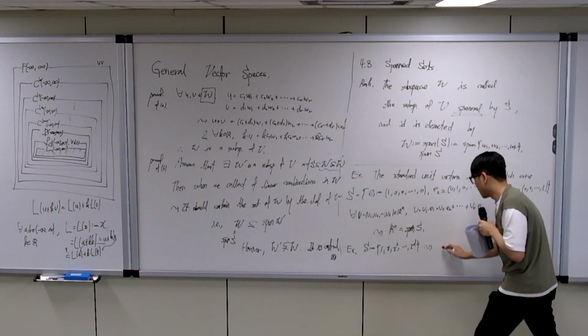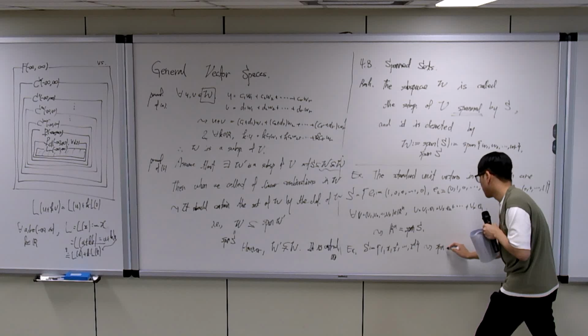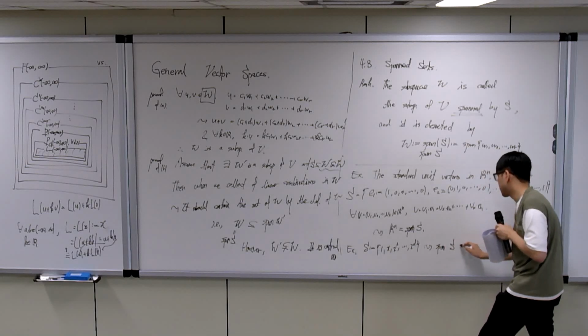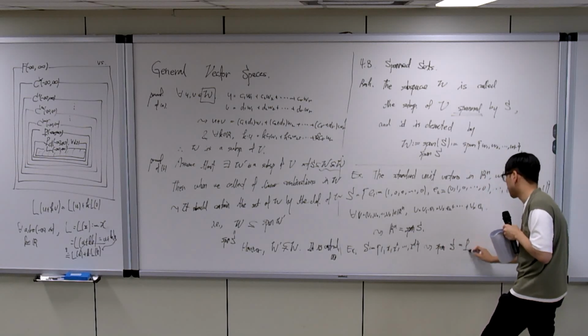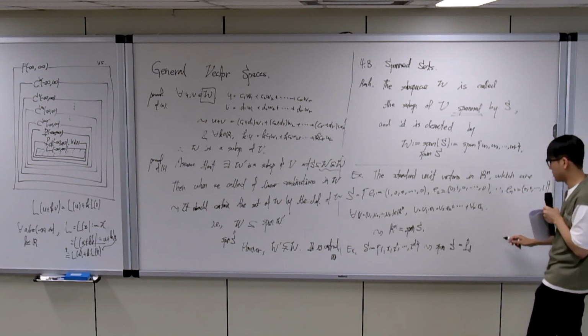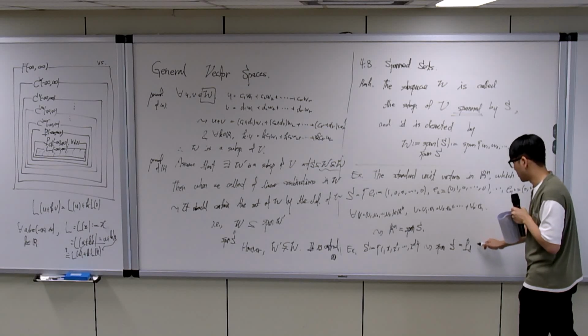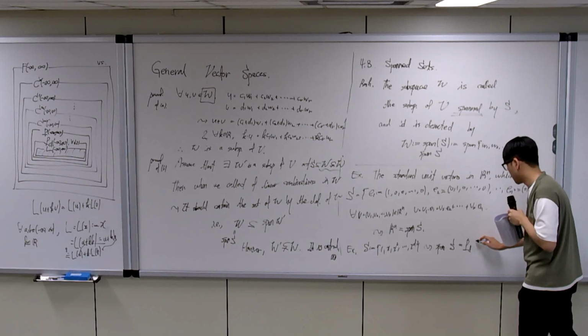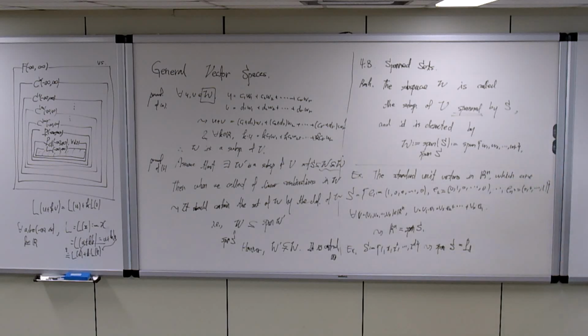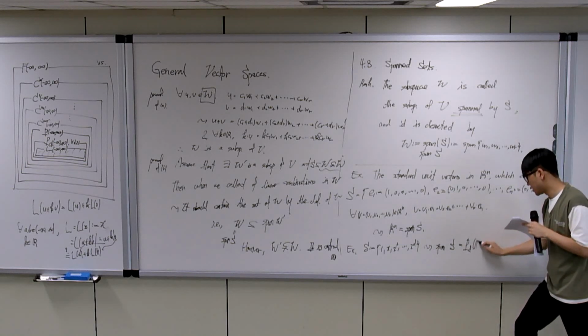So that means span of S is the same as the space of degree d polynomials over R. I will use the base field R.